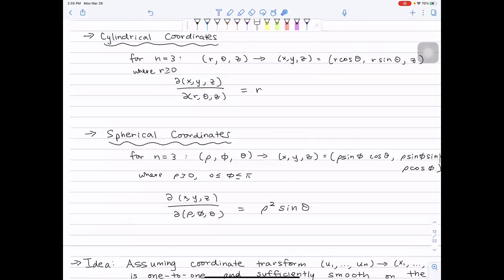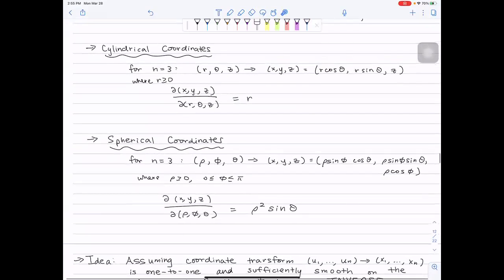And in spherical coordinates, I don't think I gave this definition yet, but this will be important, we get rho squared sine phi. So in spherical coordinates we have the same thing, where we have to add this extra component.